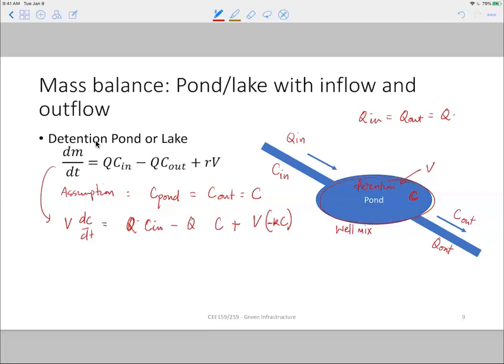Now the final form, if we write it simplified as a linear differential equation, that will be dC over dt.